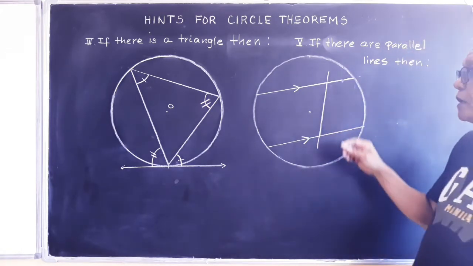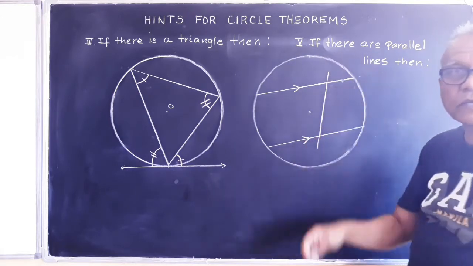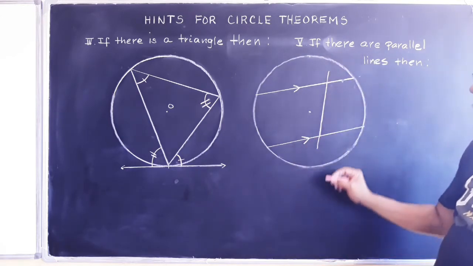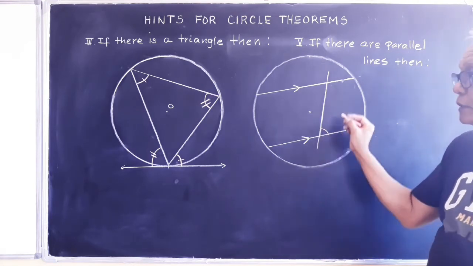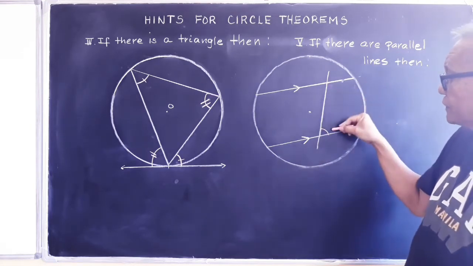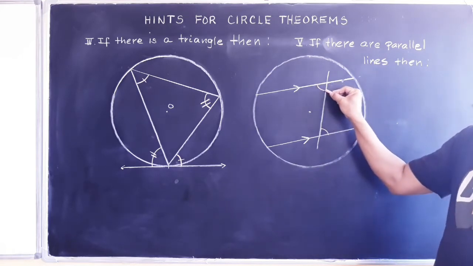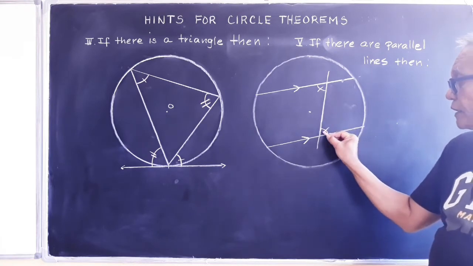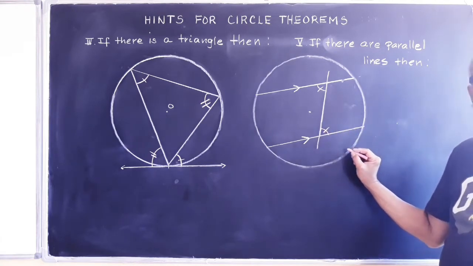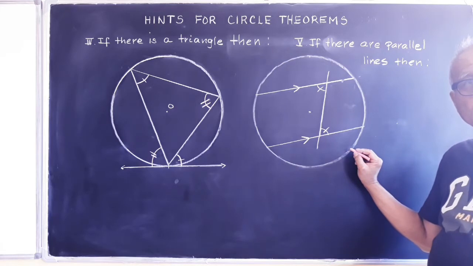If you are confused when we have only a line segment, you can prolong it. Now, we know that this angle here, the alternate angle of this one is on the other side here, not here. So this angle here and this angle here is our alternate interior.